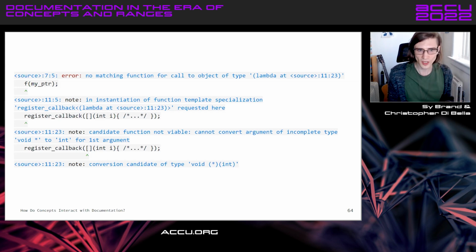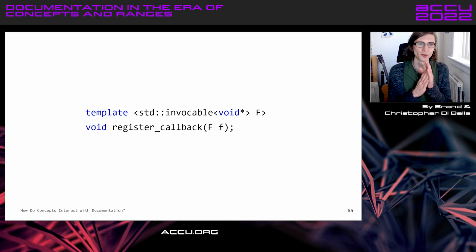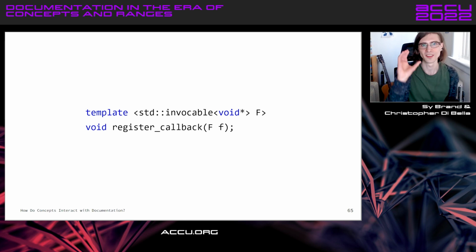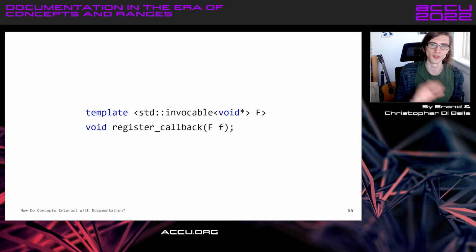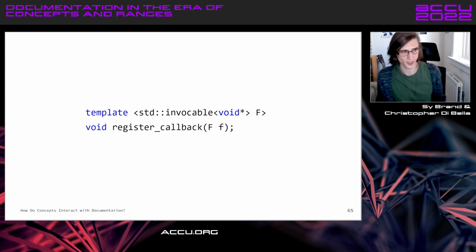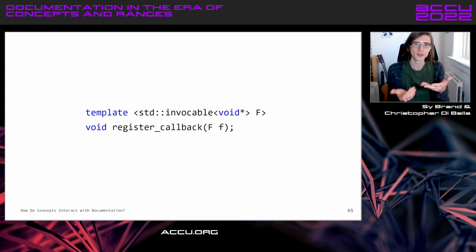However, if we went back and changed the function declaration to be this, then as long as we know what std invocable means, which is that something which models invocable of some type or some list of types is a function or a function object or a closure or whatever, which can accept those as arguments to its call operator. Once we understand this, well, this is documentation both to us and something which the compiler can enforce.